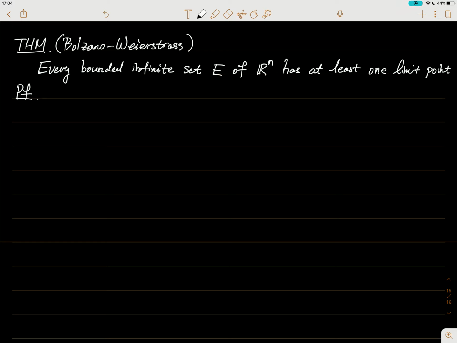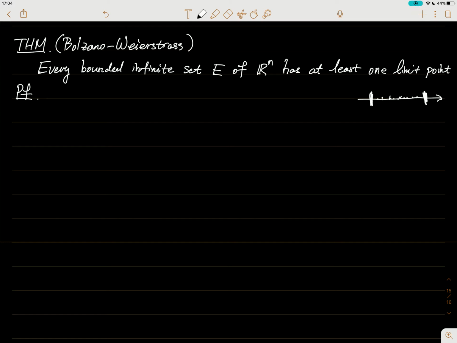So what this says is on the set of real numbers, this is the real line I'm drawing here, and suppose you have E, and that is in a bounded set. So let me say it's bounded in here, within a certain range. Doesn't matter how large the bound is, as long as it's bounded. And you have points in here. There are infinitely many points in here. Then you must be able to extract a convergent sequence.